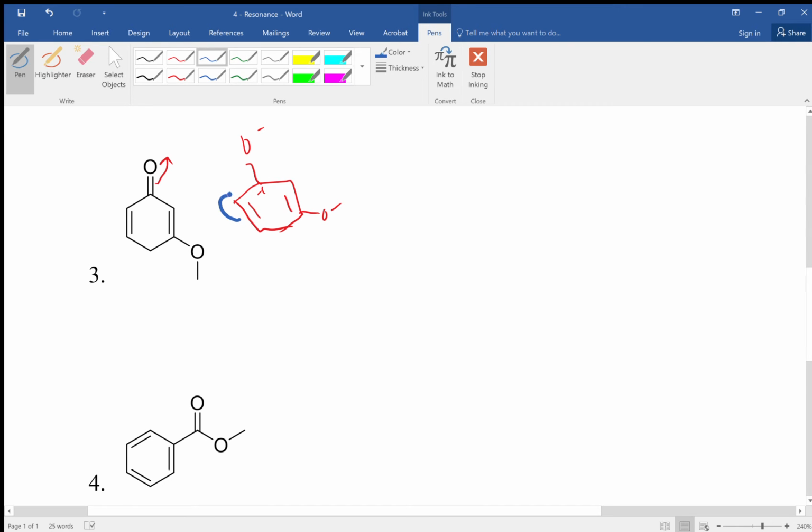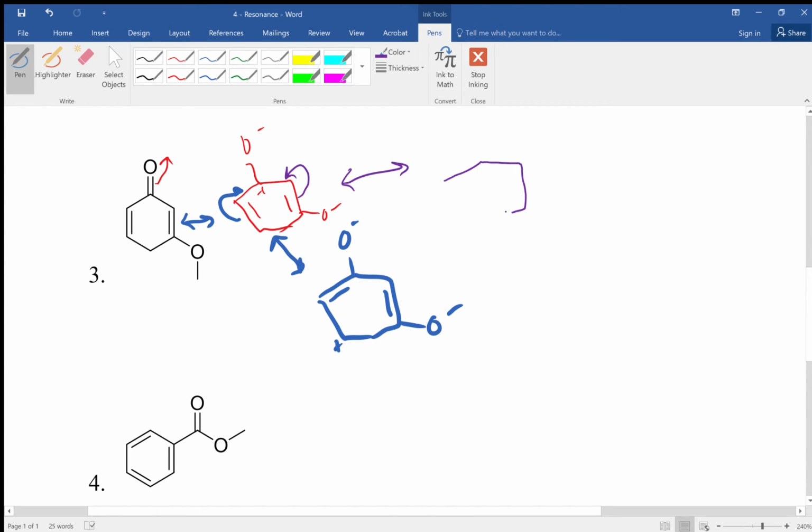So we can go this way and use this double bond. Or we can use the other alkene and go in this direction, the other carbon-carbon double bond.